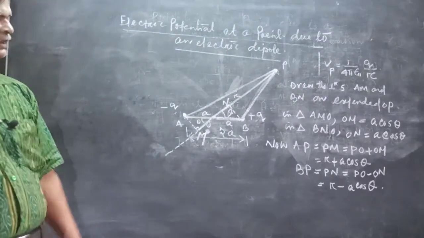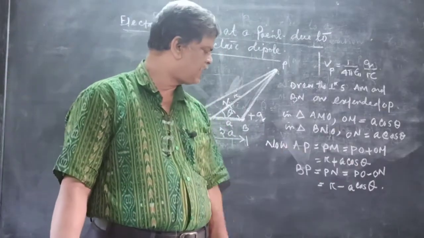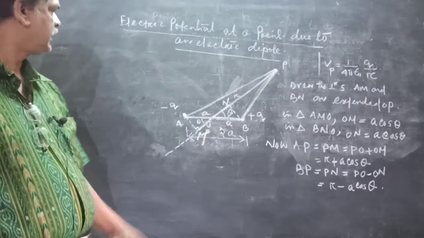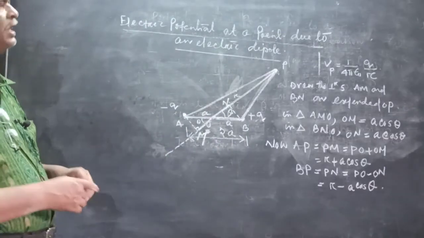Clear? So AP is equal to R plus A cos theta, BP is equal to R minus A cos theta. So now we find the potential at point P.